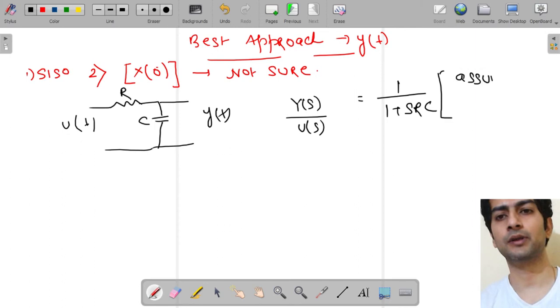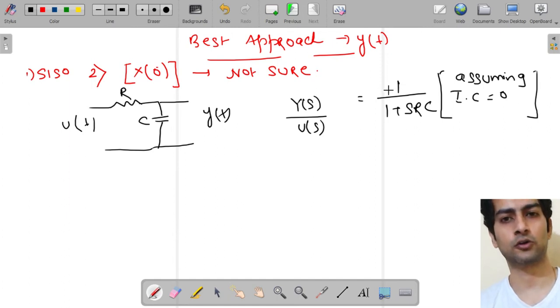I don't know the exact value of the initial condition, but just for the sake of calculating the transfer function, I am assuming it is 0. Now, can we calculate y of s from here by bringing U of s to this side? No, we cannot, because I taught you earlier that as we don't know anything about the initial condition, we cannot do it. So what is the best approach?